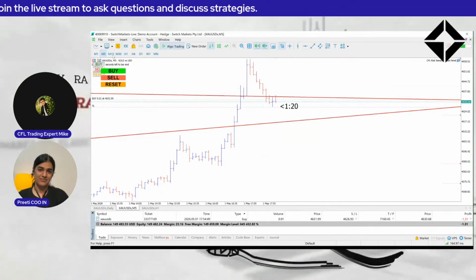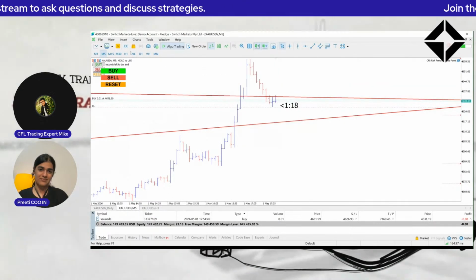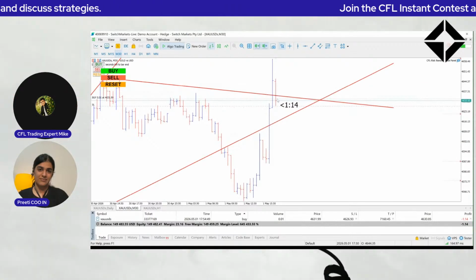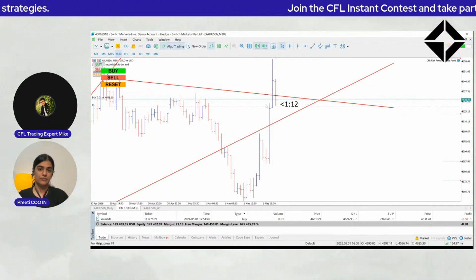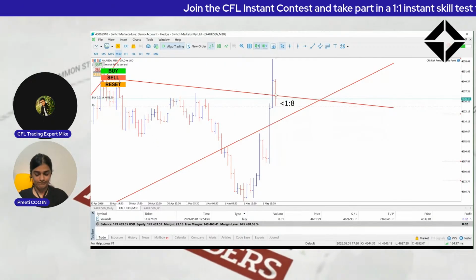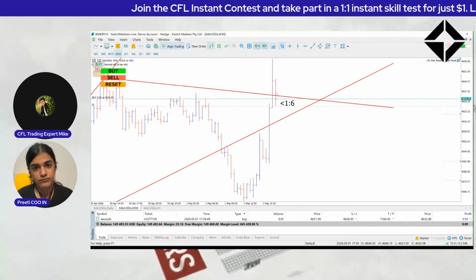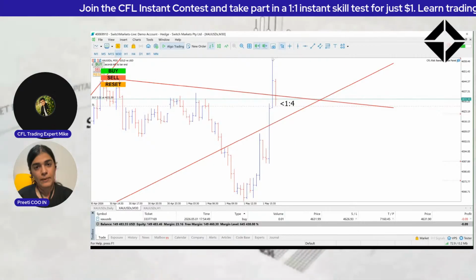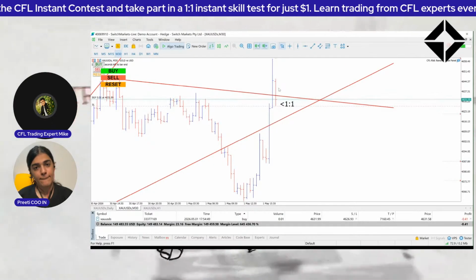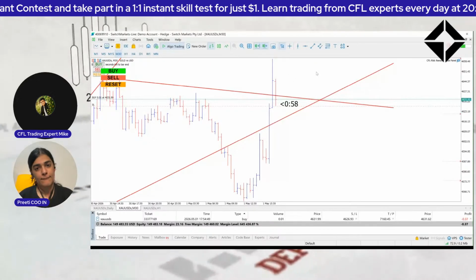Let's see, after closing this half an hour candle, 10 seconds left, what it will do. If it closes somewhere and then booms back up, it means it can go at least up to here or even higher.